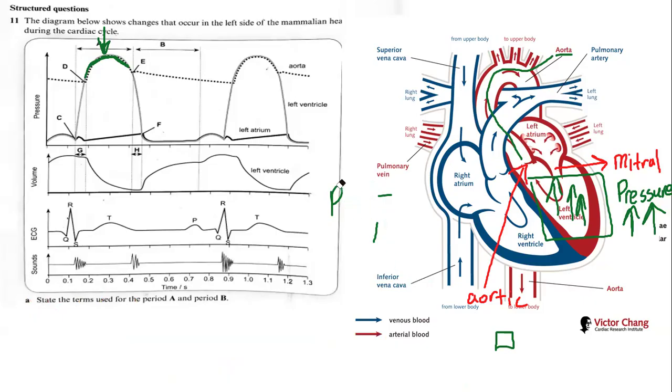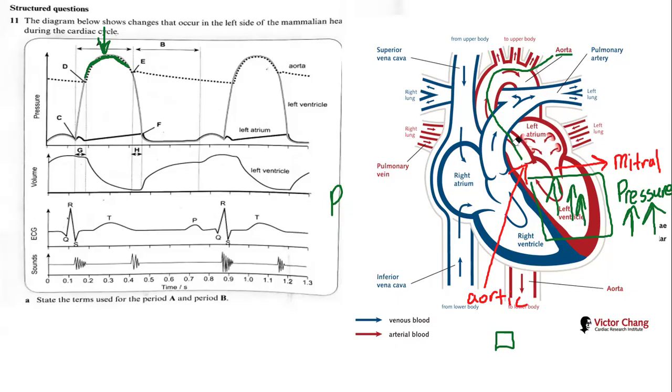I was going to say the pressure reduces when the pressure in the mitral valve is higher than the pressure in the aortic valve. Okay, well, say it again.